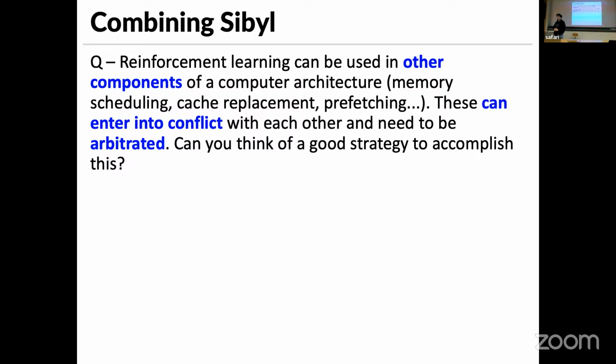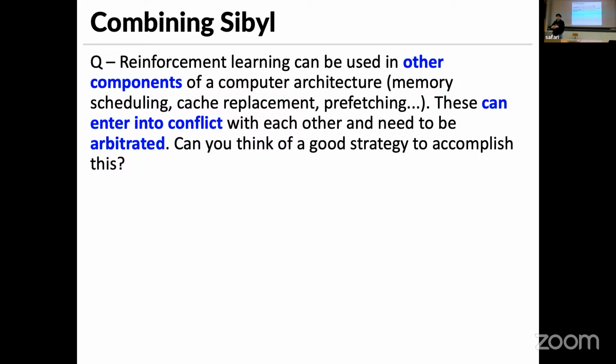To be a bit more precise, arbitrating would be, for instance, sometimes you might need to disable an RL agent because it confuses another RL agent. For instance, if the memory is full, often it goes into the storage, and then you could have an RL agent in the memory which enters into conflict with Cibil, and maybe they could confuse each other.